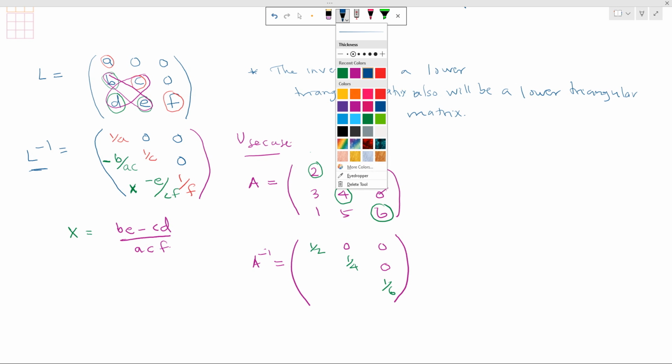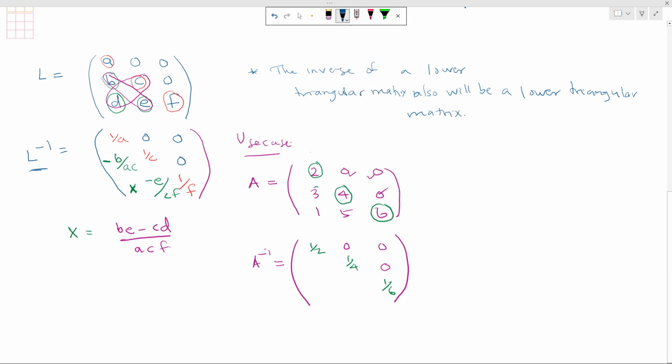Since we have 3 here, then I have to put minus 3 divided by the multiplication of these two numbers, that is 8, right? Again I have to consider the corresponding entry for this 5, then minus 5 divided by the multiplication of these two, then 24. Okay, 24.